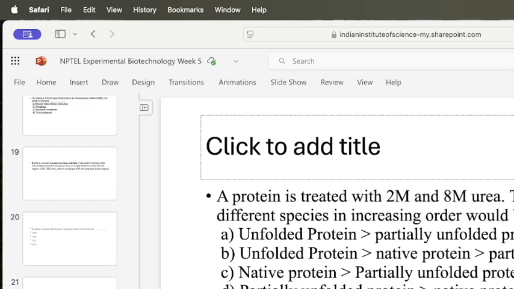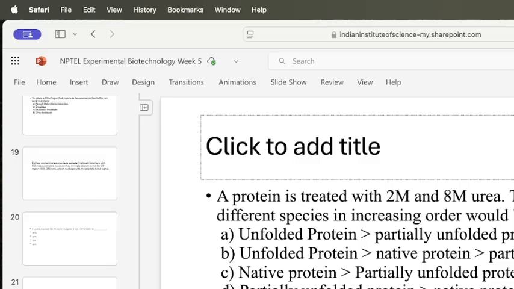Now they ask for retention time of the different species in increasing order. So the third one here should have the highest retention time, which means it will elute the fastest. So based on this, we go with option C.